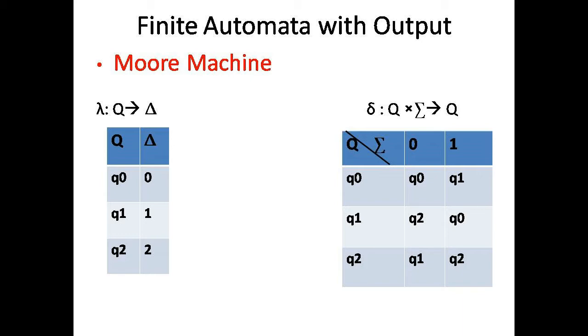In the Q1 state, if the input is 0, then the number becomes 10. The binary number 10 is nothing but the number 2. If we divide 2 by 3, the machine goes to the 2 remainder state, that is the Q2 state.